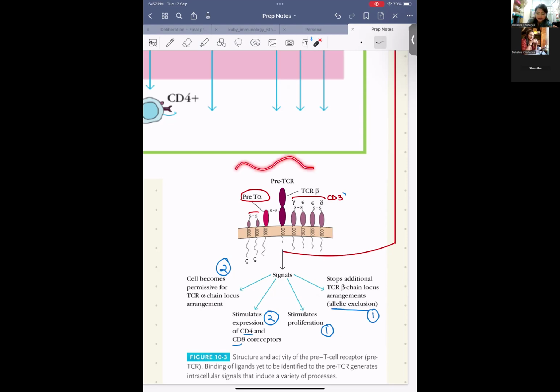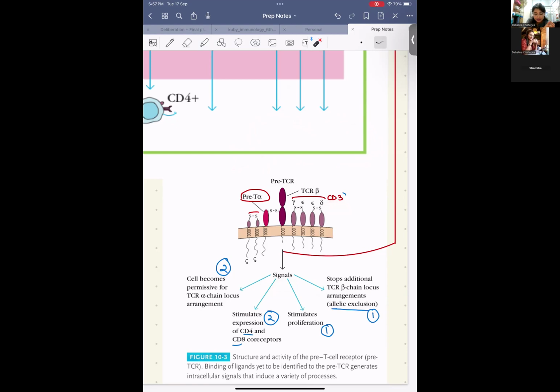Now, there might be certain cells in the thymic stromal network which are presenting some antigens on their surface. For recognition of the antigens on the surface of certain stromal cells in thymus, your pre-TCR alone cannot mediate any signal. We need association of your pre-TCR along with the signaling molecule, the CD3 molecule.